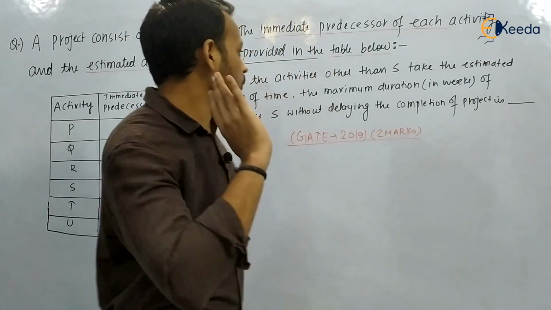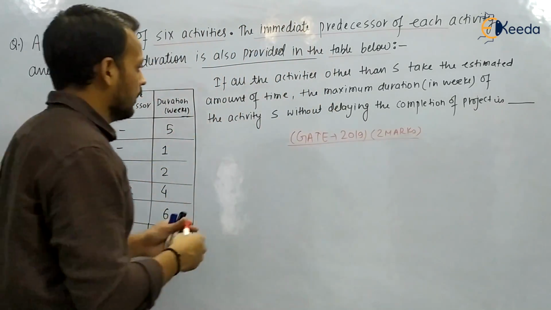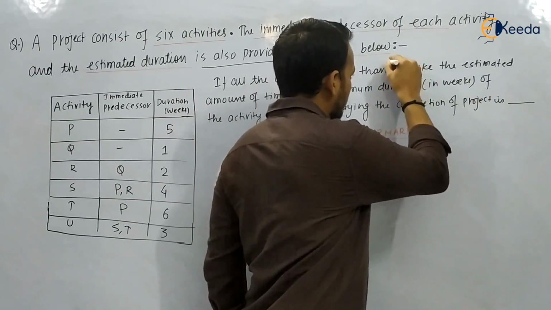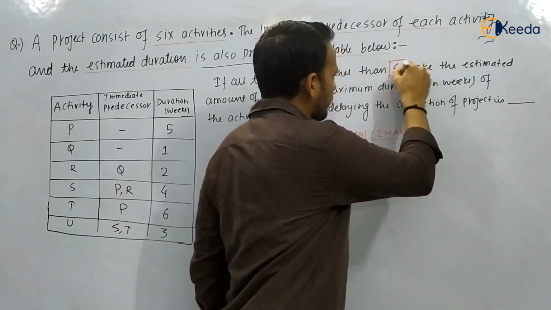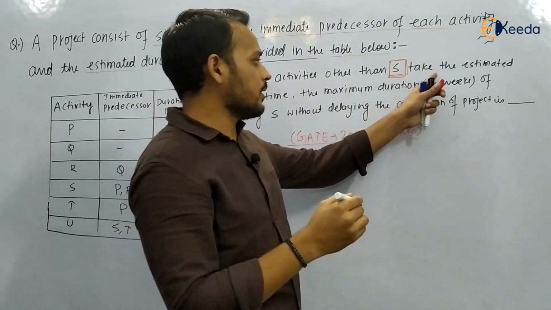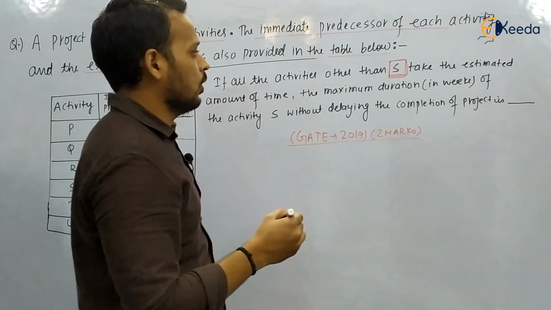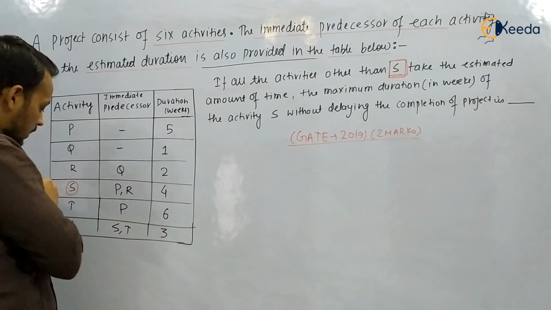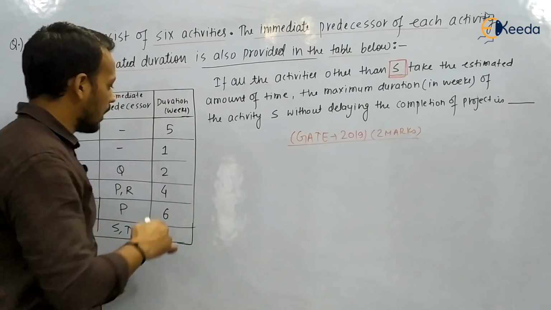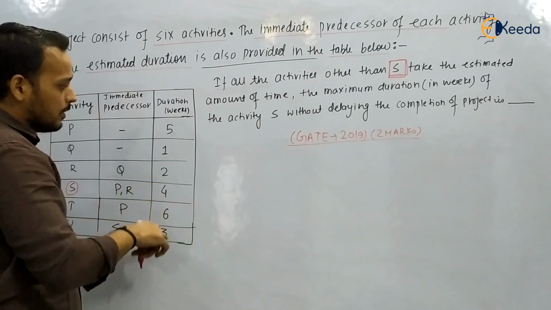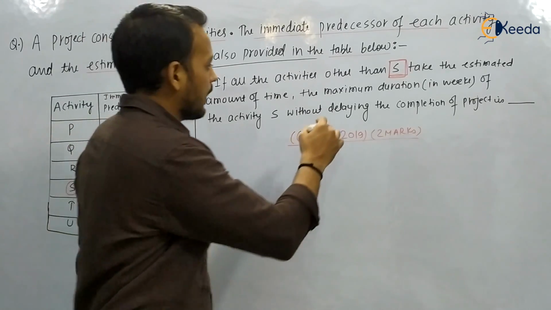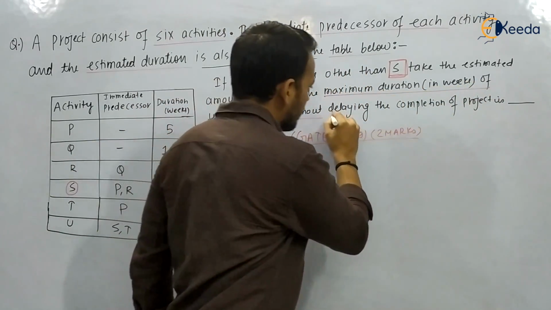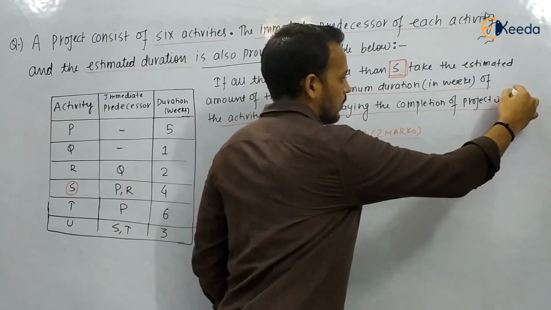And what we have to find? It is saying that if all the activities other than S take the estimated amount of time, where the estimated time is given in weeks, the maximum duration of the activity S without delaying the completion of the project is dash.